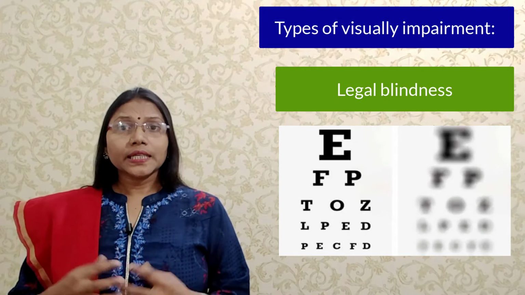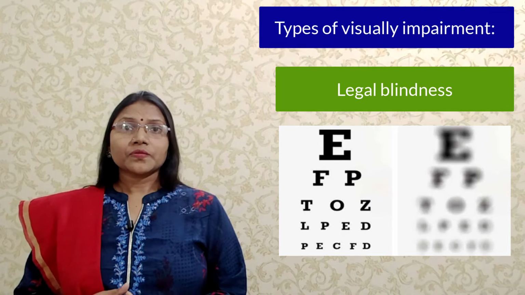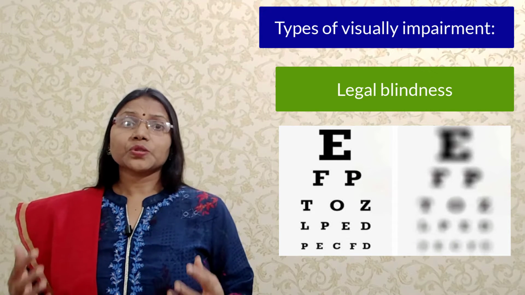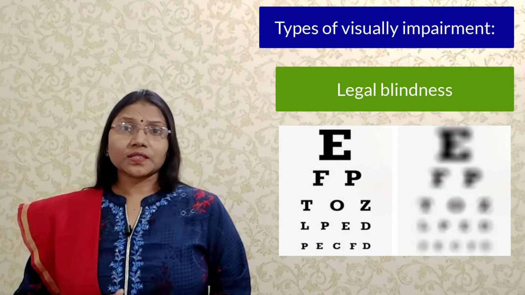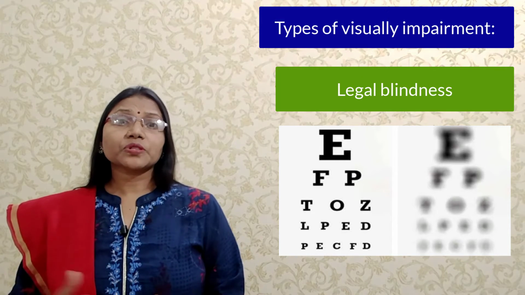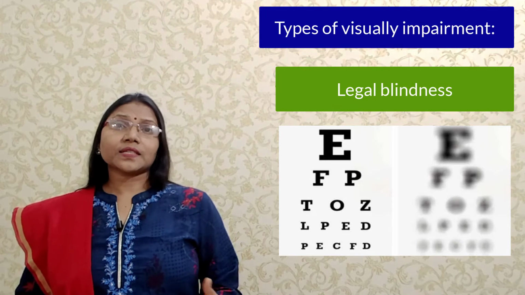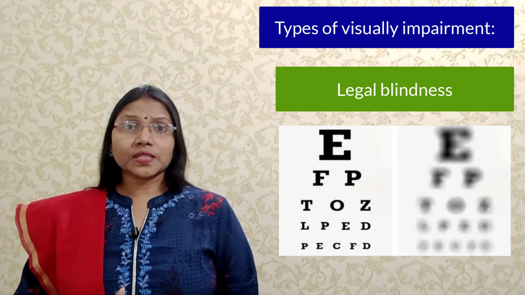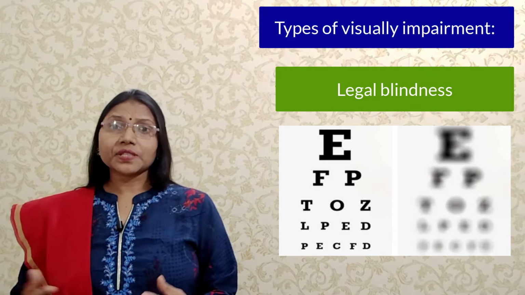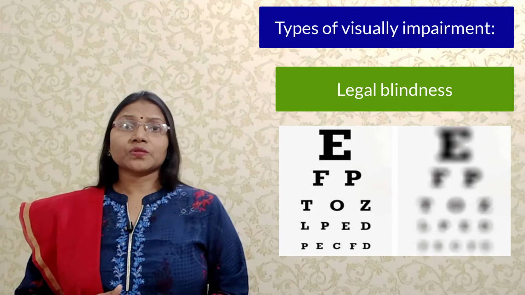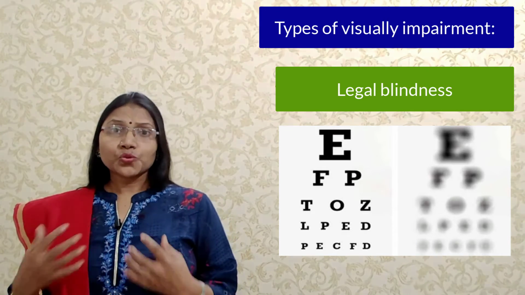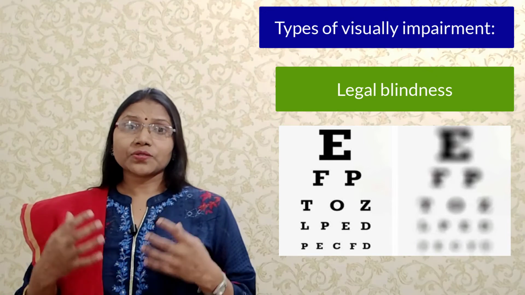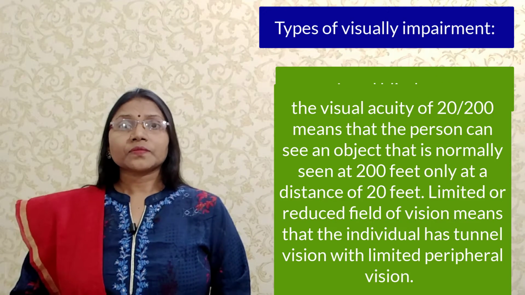Number 3. Legal blindness. Visual disability referred to as legal blindness is the characteristics of the individuals having less than 20 by 200 vision in the better eye after correction, or a very limited field of vision 20 degree at its widest point.